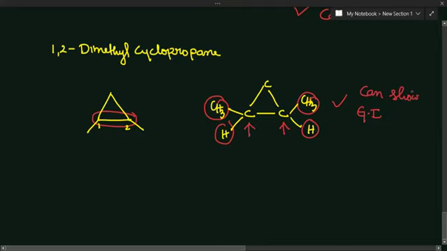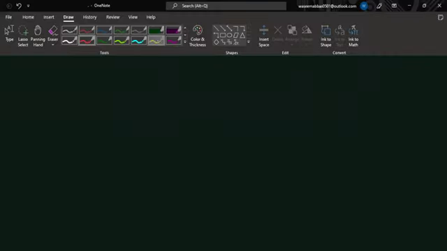So this compound can show geometrical isomerism. In the same way, for example, I have 1,2-dimethylcyclobutane.